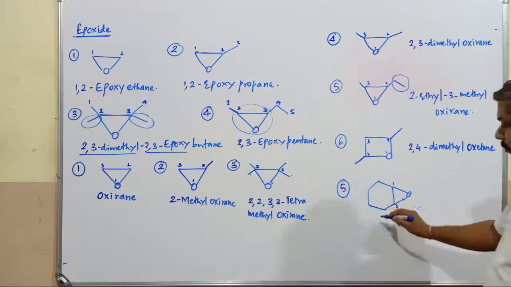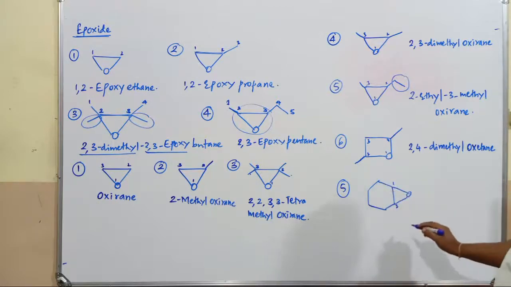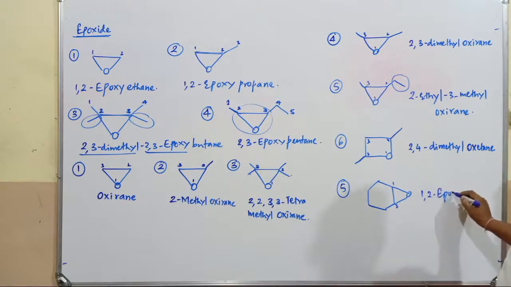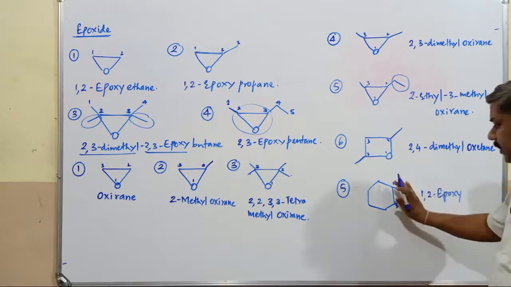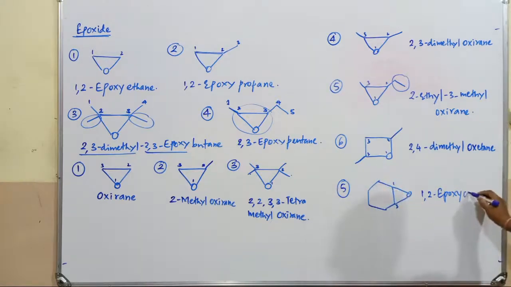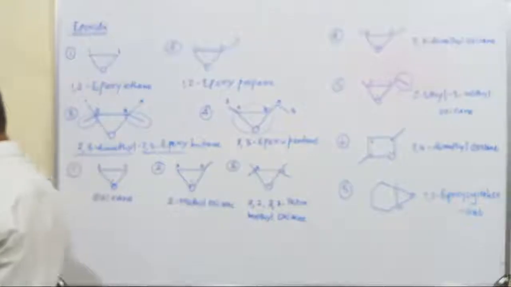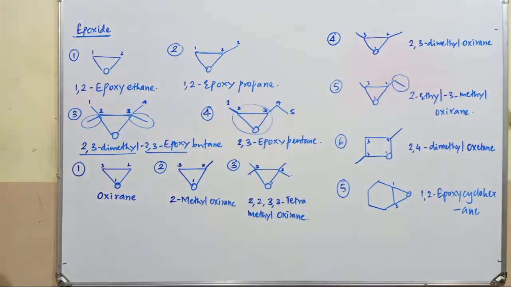The complete group is cyclohexane. The compound is 1,2 epoxy. Leaving this group, it is known as cyclohexane. So what is the complete name? 1,2 epoxy cyclohexane. That is the complete IUPAC name of this compound.